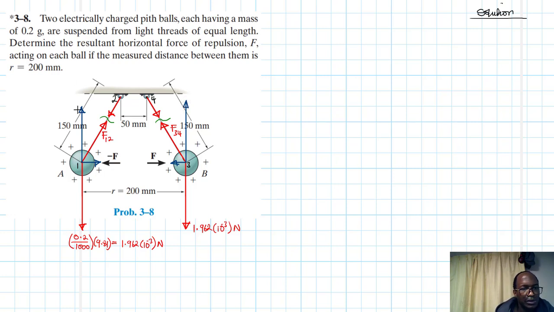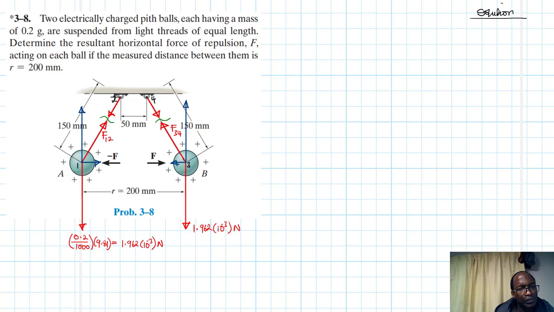So this is equal to, so let's find the slope. The slope for this, if you look at this, let me just draw down. We need the slope.